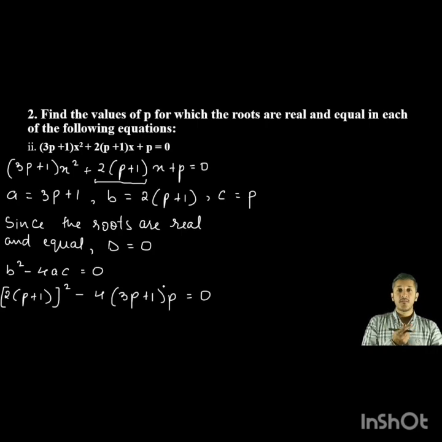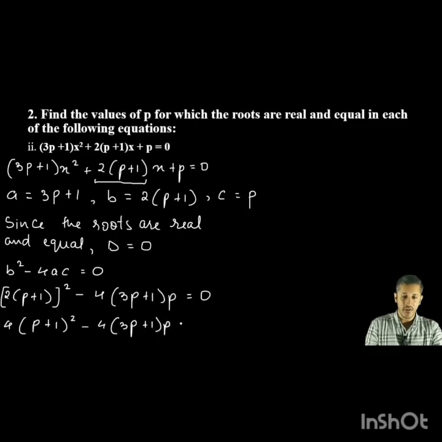Now in the first term the square will be distributed and this will become 4(p + 1)² - 4(3p + 1)p = 0. As I can see that in the two terms 4 is common, so we will take 4 common.